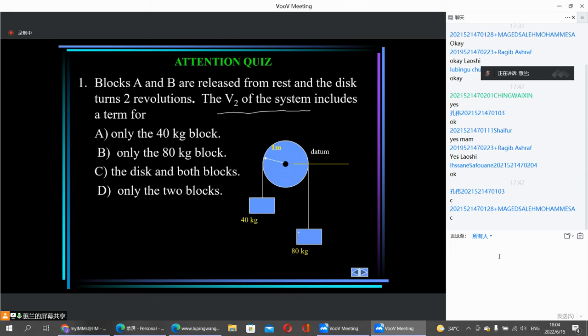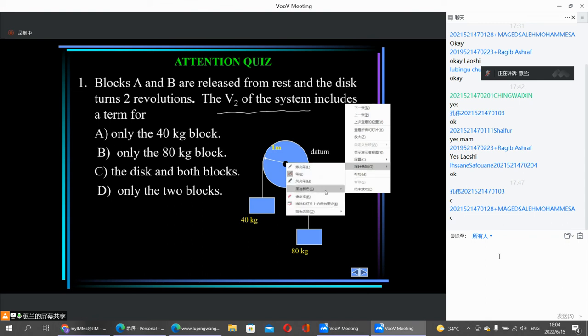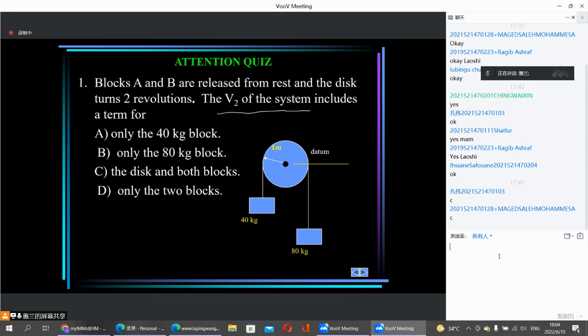If the gravity center is in line with the datum line, the gravitational potential energy should be equal to 0, right? The disk turns 2 revolutions.